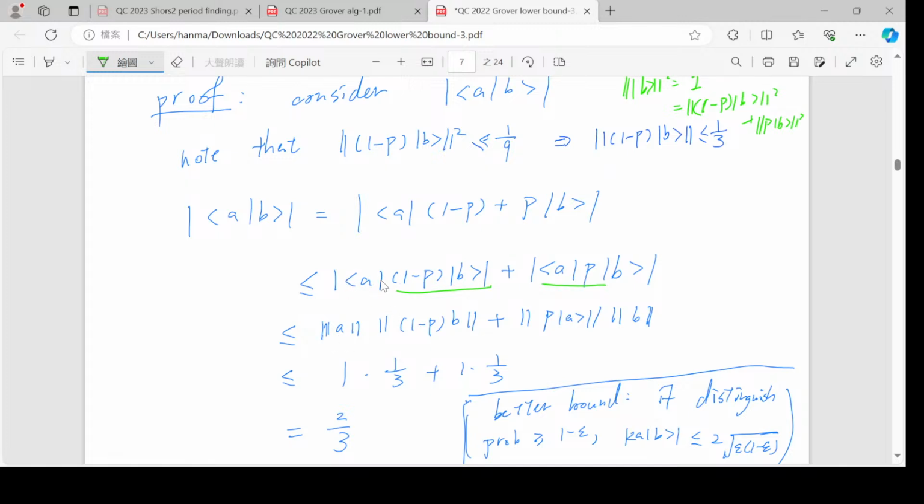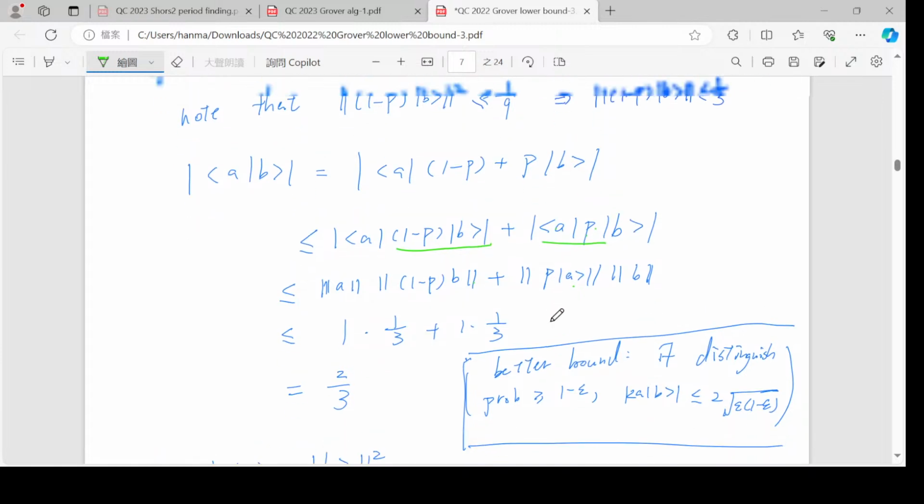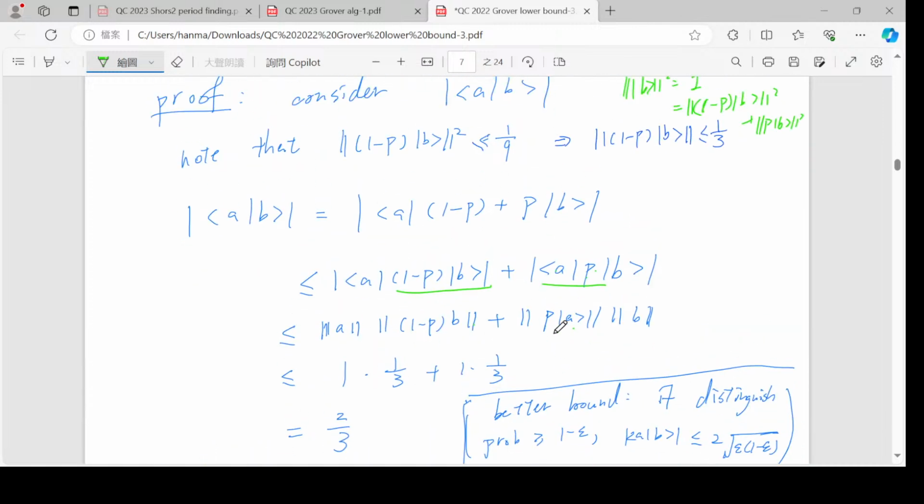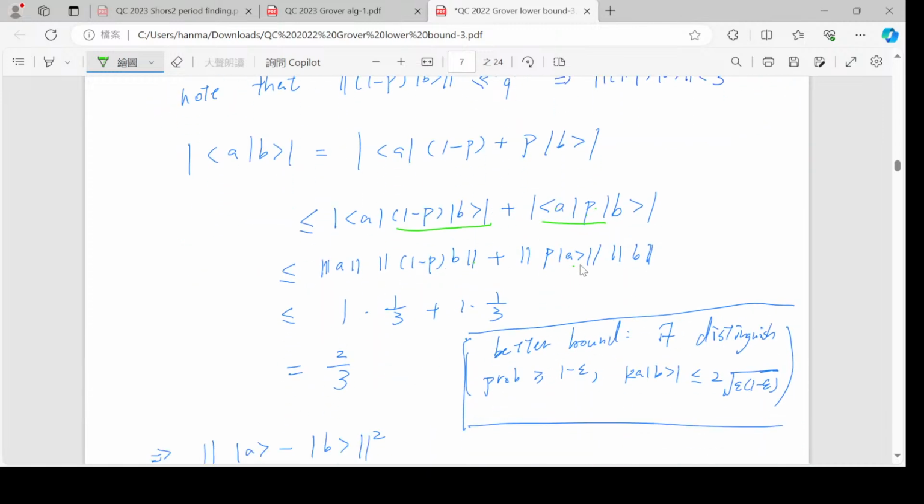Now we use Cauchy-Schwarz. The norm of the inner product is less than the product of the norms of the two vectors, but we connect the norm to different parts. So we have the norm of A and the norm of 1 minus P on B, and the norm of A on P, so P on A, and the norm of B. As we saw before, this thing is small and this thing is small, so this is less than 1/3 and this is less than 1/3.